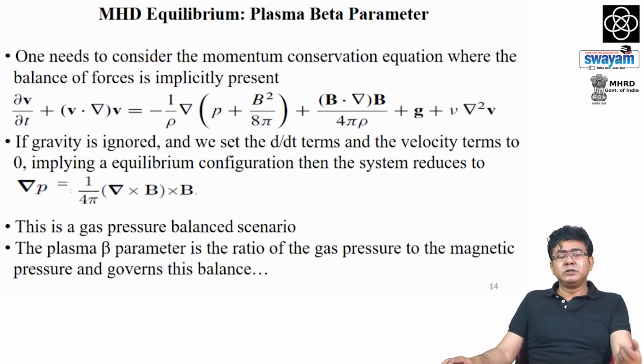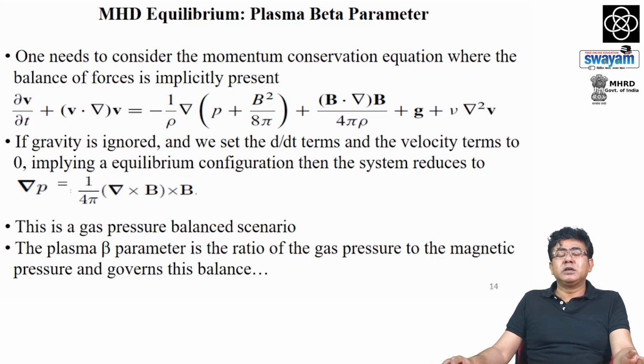So, when you get rid of the velocity terms, the time variant del del t terms, then this Navier-Stokes equation here, which is fairly complicated, eventually reduces to this very simple form here, right, which is just nabla P is equal to some function of curl of B cross B, right. Now, P here on the left hand side of the equation is the gas pressure, right.